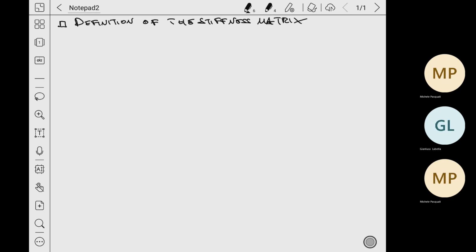Okay, so the stiffness matrix for the element, again, as you know, will derive from the definition of the work of the elastic forces.